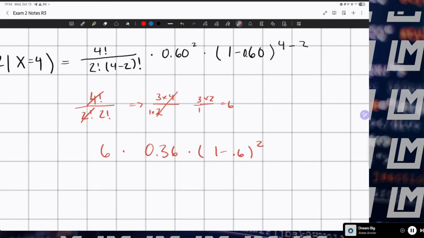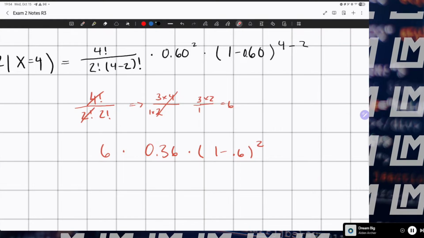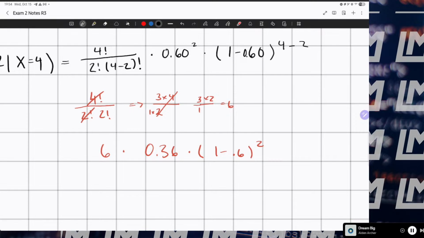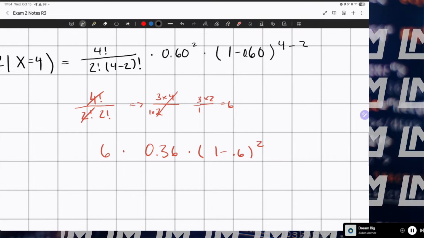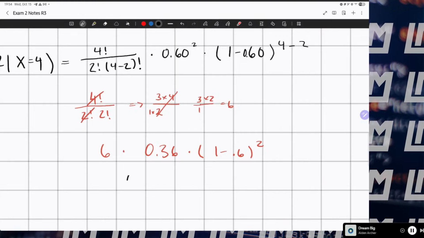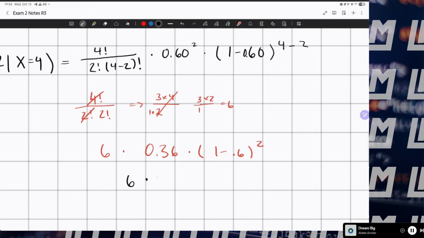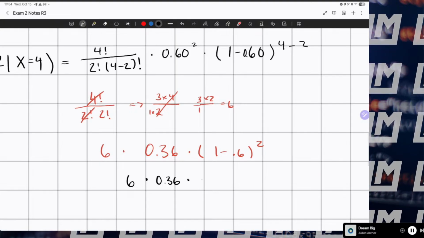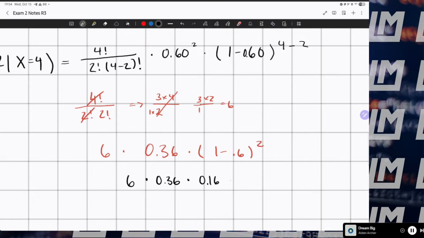So this right here, 1 minus 0.6 is 0.4, squared is 0.16. So then this is 6 times 0.36 times 0.16.